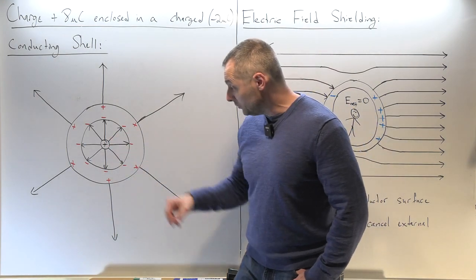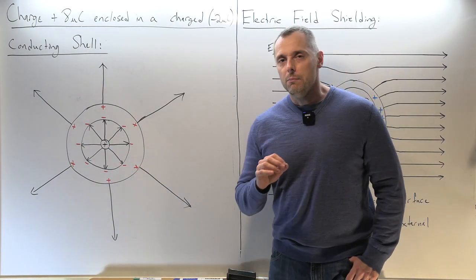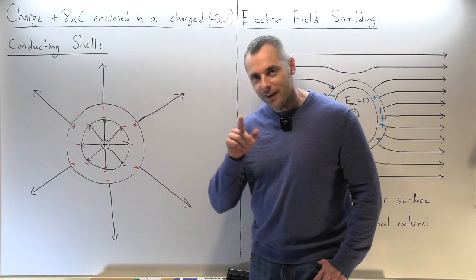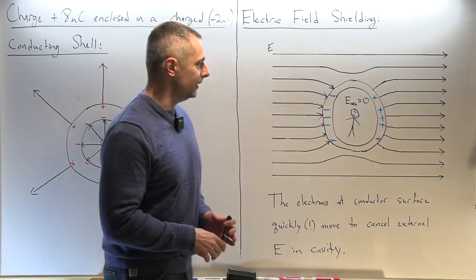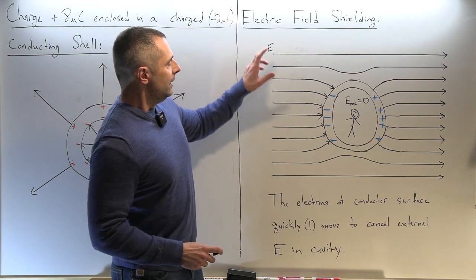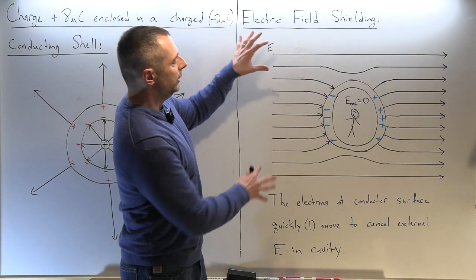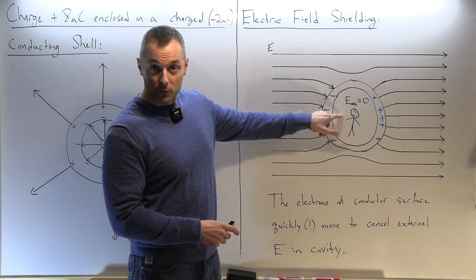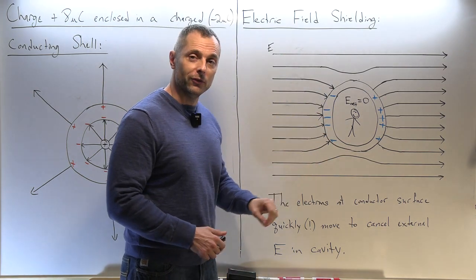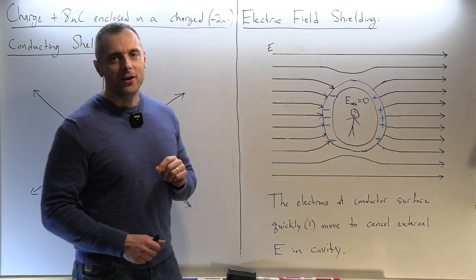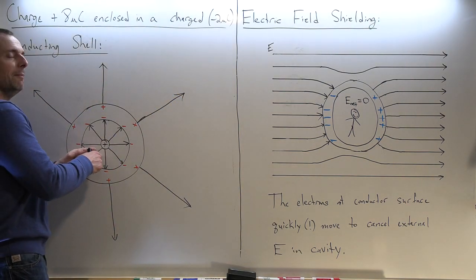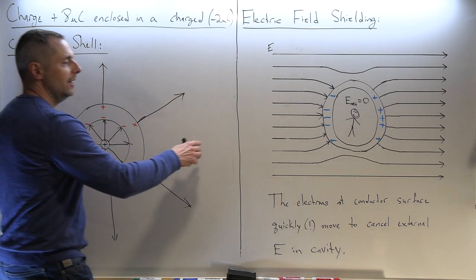But one final point, something that's interesting about conductors, and there are a lot of interesting things. The conductor shields the electric field outside from the inner region because of the way the charges move around. It turns out that the conductor also shields what's happening inside from the outside.